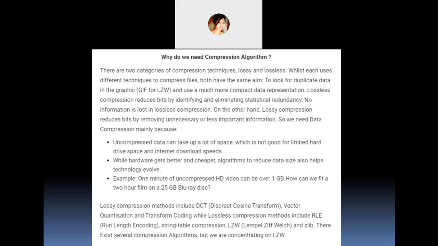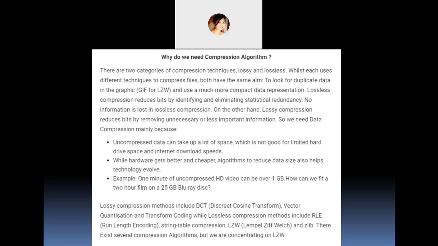Now we'll talk about lossy compression, because lossless compression we have already spoken about a lot. We have taken up these 4 types of lossless compression as well. So why do we need compression algorithms? We have 2 categories of compression techniques, that is, lossy and lossless. When we use different techniques to compress these files, our main aim is to look for duplicate data, and then we have to use a suitable compression technique for that.